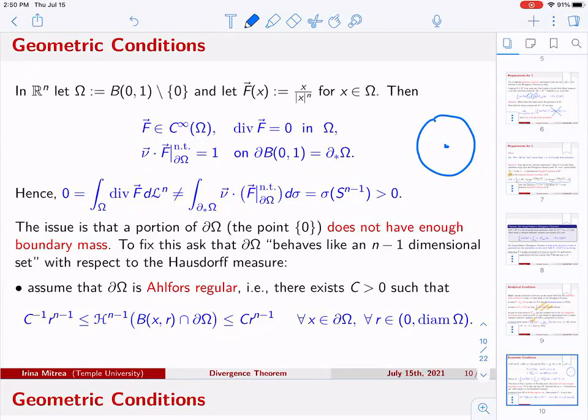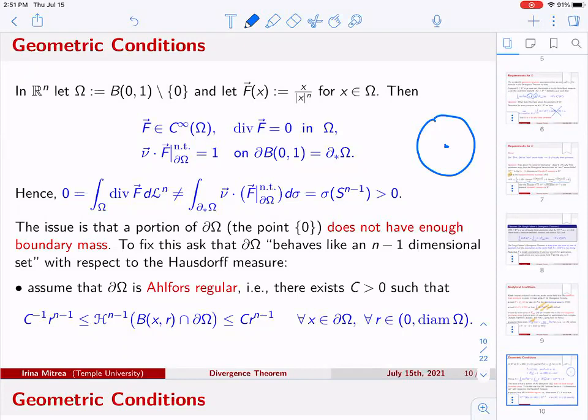However, the geometric measure theoretical boundary, the points of positive density, consists only of the circle, because if we take a small ball centered at 0, this bites nothing out of the complement. So the center of the ball is not a point of positive density. This doesn't belong to the geometric measure theoretical boundary.